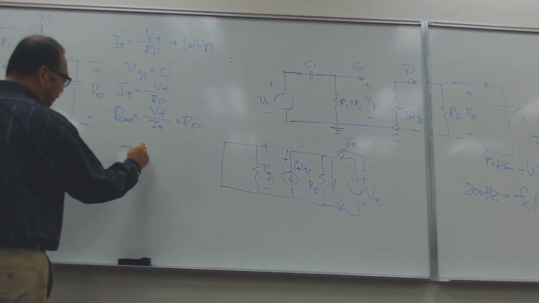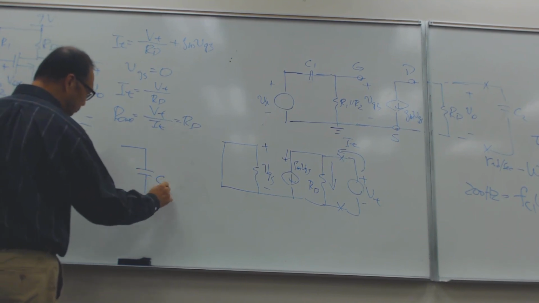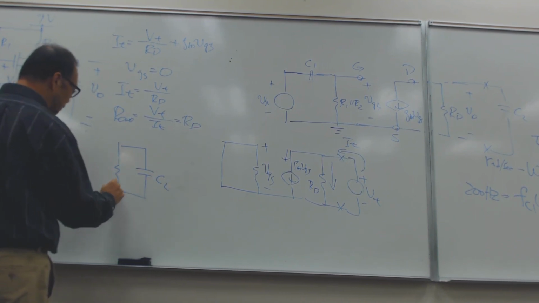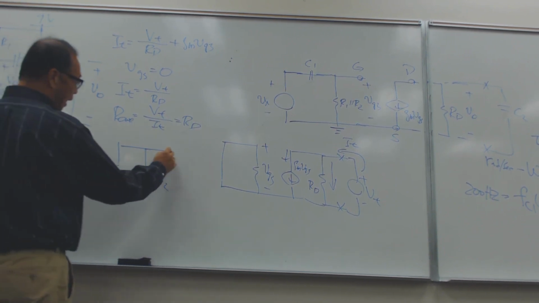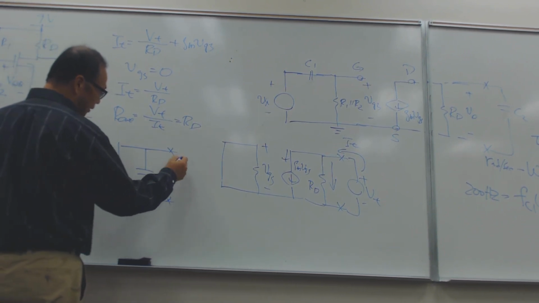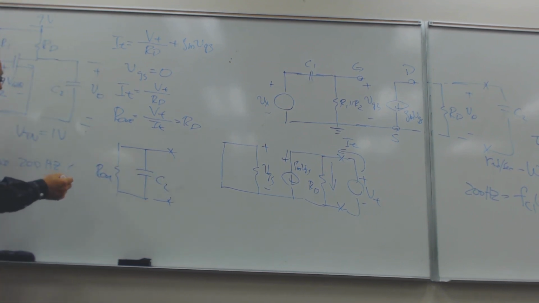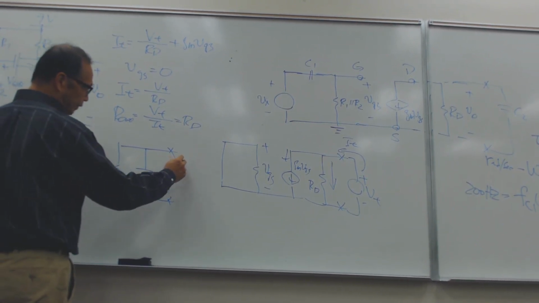Right, so therefore if you focus on C2, yes? This is R out on the left hand side. On the right hand side, it's open, right? So it's like infinity.